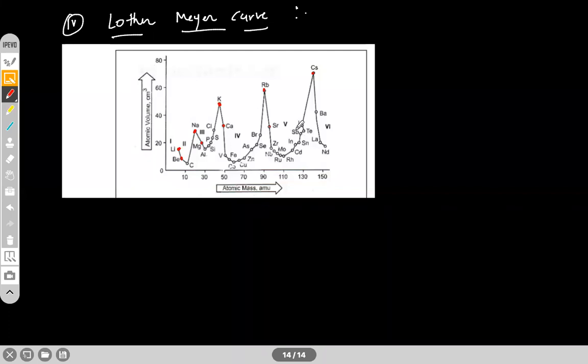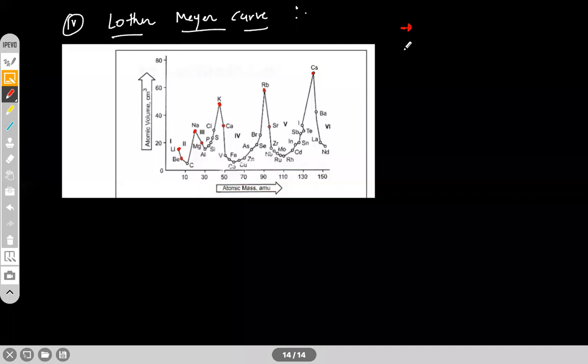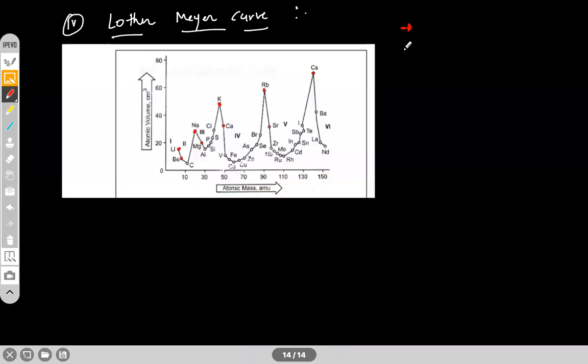On the basis of this trend, he concluded that elements having similar properties occupy similar positions in the curve. Write down: elements having similar properties occupy similar positions on the curve.